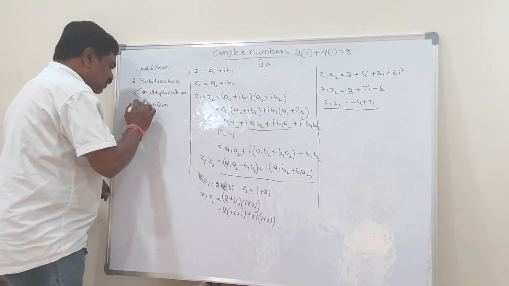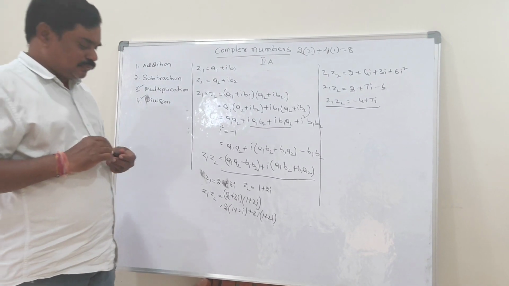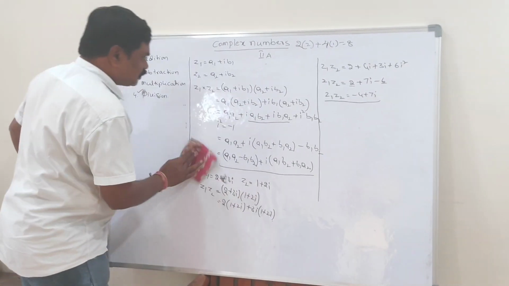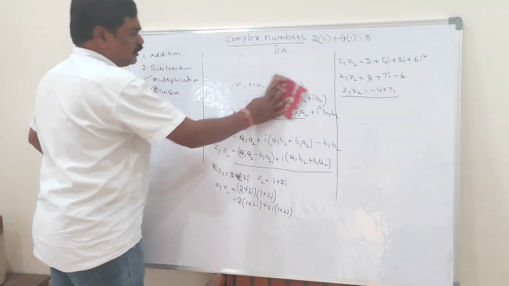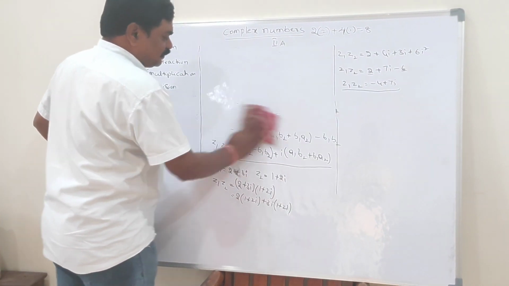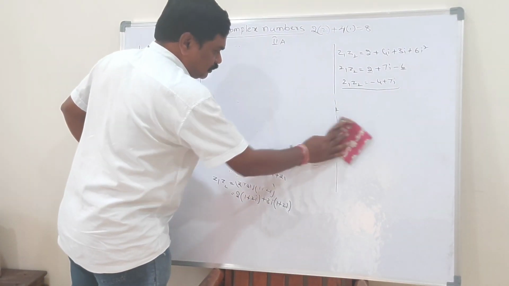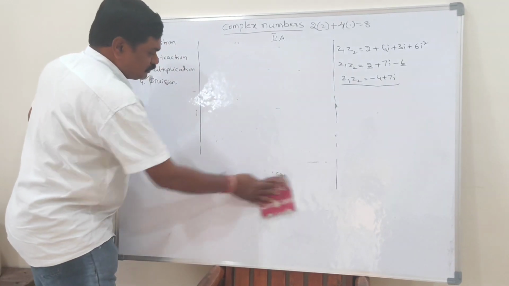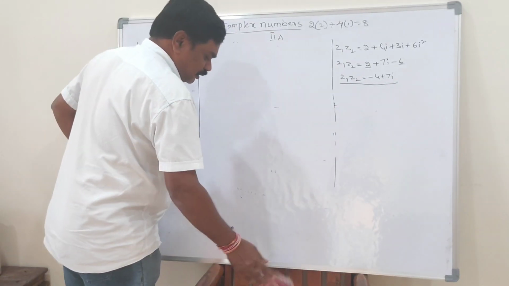Then we go for division of two complex numbers. How to divide two complex numbers? We discuss the division of two complex numbers. Here you observe the two complex numbers.